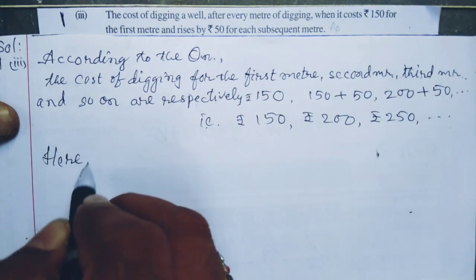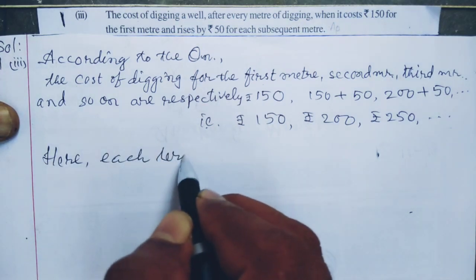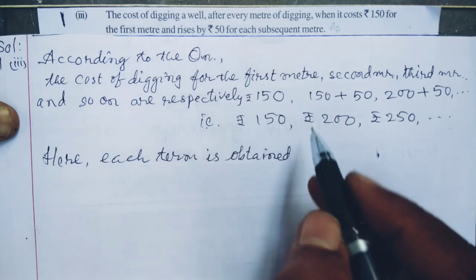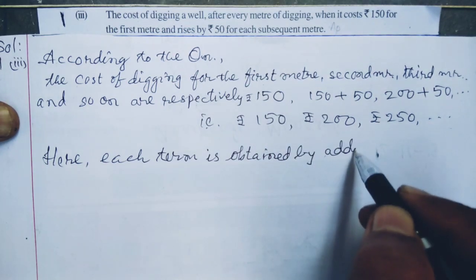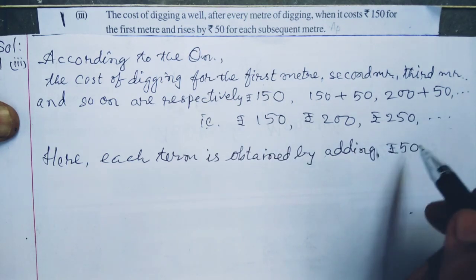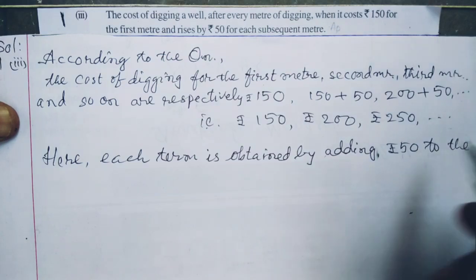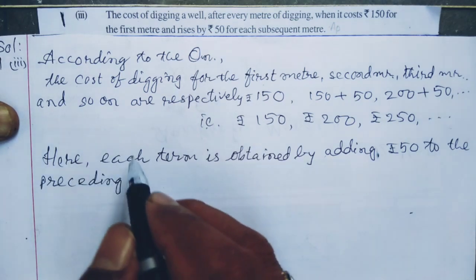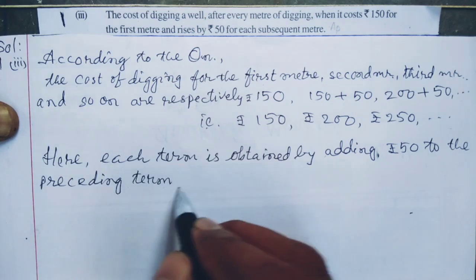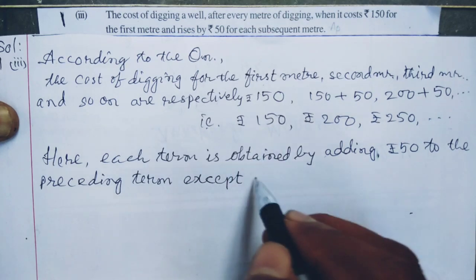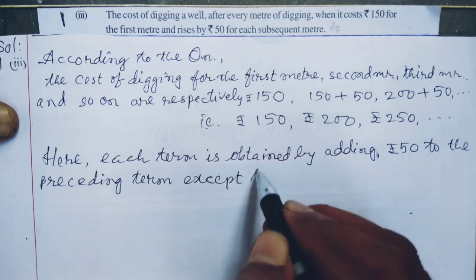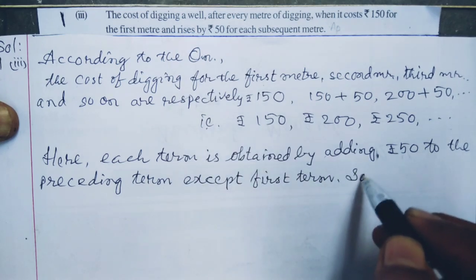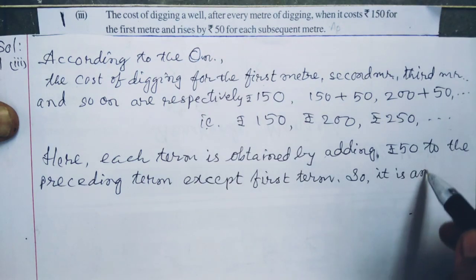Here each term is obtained by adding 50 rupees to the preceding term except first term. So it is an AP.